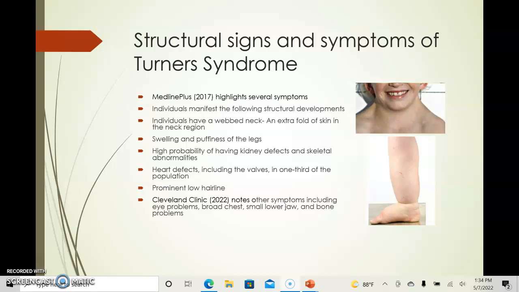Finally, they develop a prominent low hairline. This is observable at the back of the neck. Common symptoms include eye problems, broad chest, small low jaw, and bone problems.